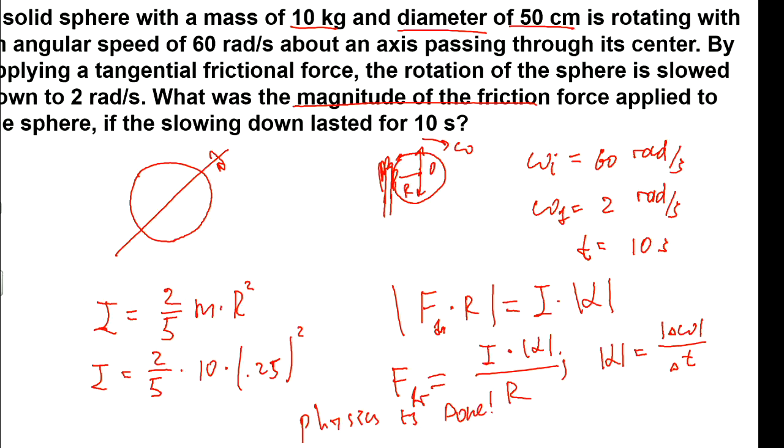Yes? What sign do we say? Say again? What sign? You see, I'm looking for clues which make my life easier because I'm looking for the magnitude. I don't really care if it's spinning clockwise or counterclockwise. I just calculate magnitudes for everything.